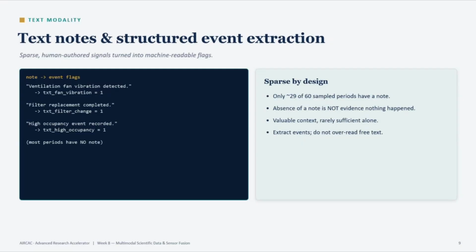Missing text should not automatically be interpreted as a negative event, because if there is no maintenance note for this period, does it mean the fan is not faulty? We can call this a non-mandatory input. It can help, but its absence doesn't mean that something is wrong. This is what we want to say.